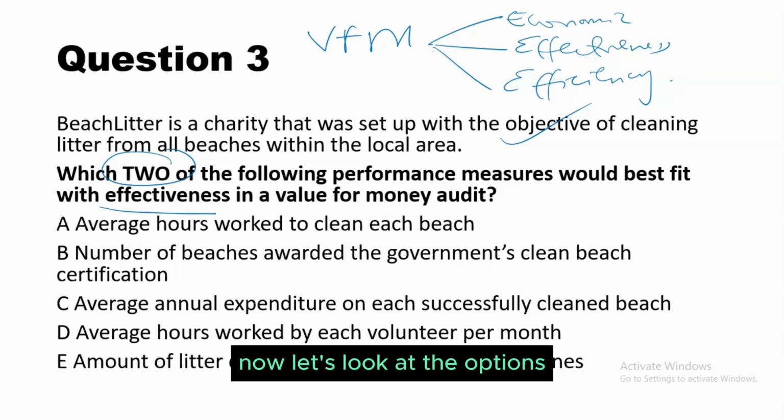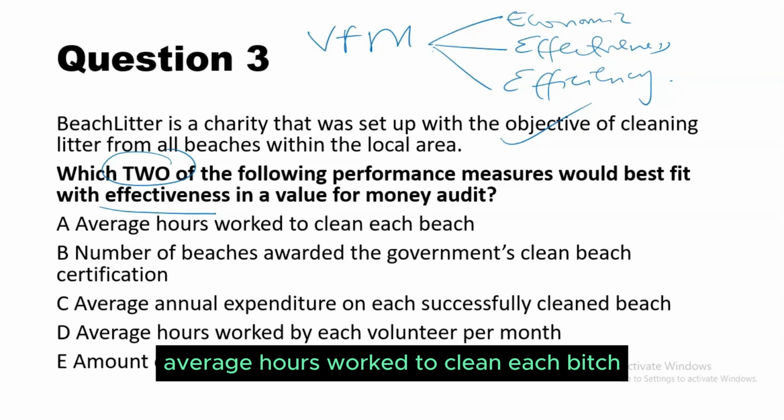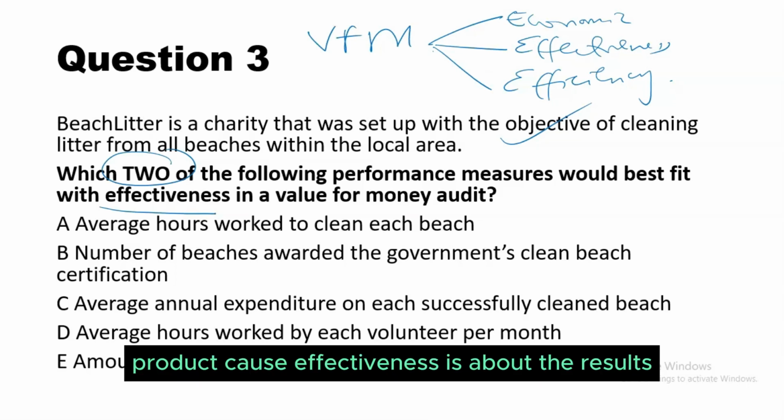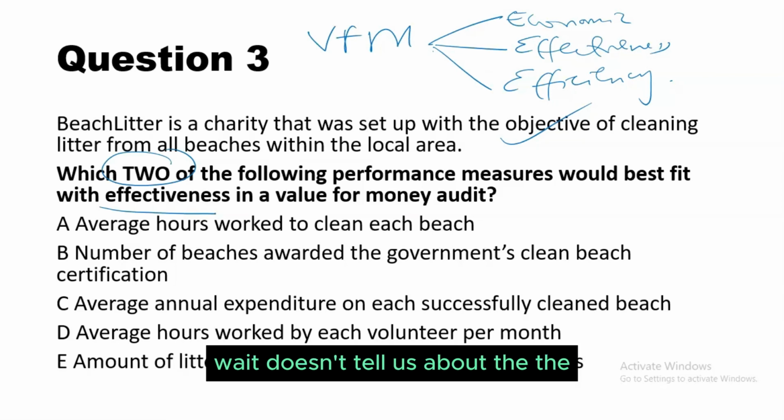Now, let's look at the options. Average hours worked to clean each beach. Does that speak of any effectiveness or product? Because effectiveness is about the results. Even if you give us the average hours worked, it doesn't tell us about the product.